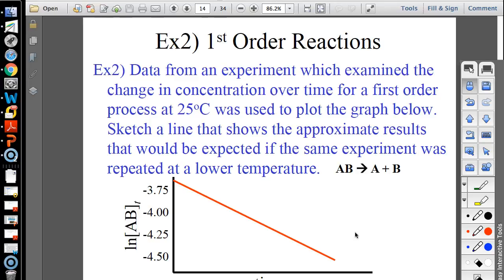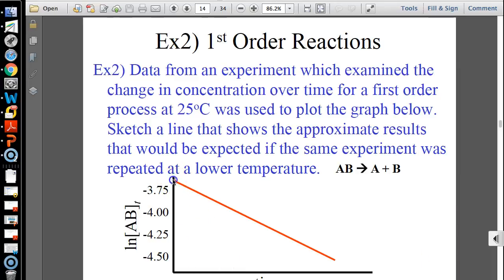So at a lower temperature, what's going to happen to the slope or the shape of this graph? Victoria, what did you get? If I think about it having a steeper slope, it's like a steeper hill, which would mean the reaction goes faster.